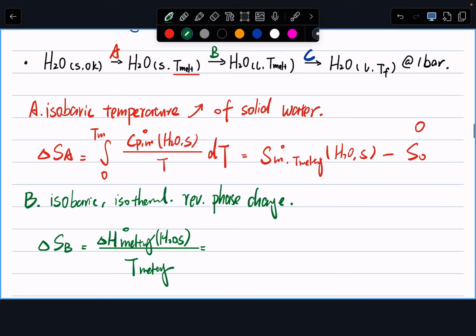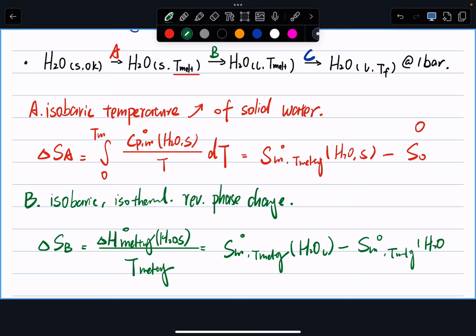So my delta SB equals the molar entropy at T melting of your H2O liquid minus the molar entropy at T melting of your H2O solid.